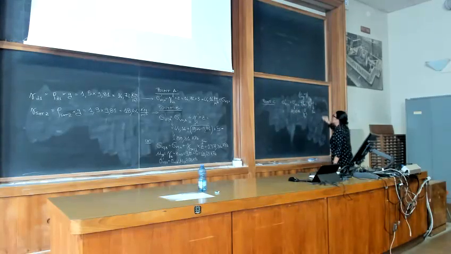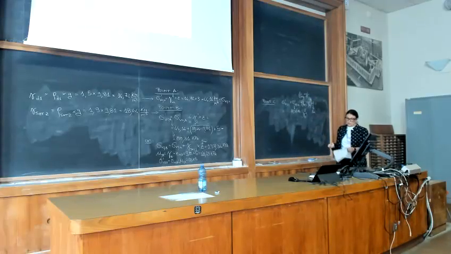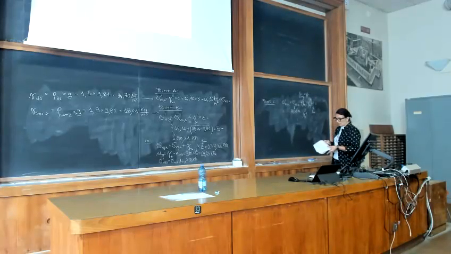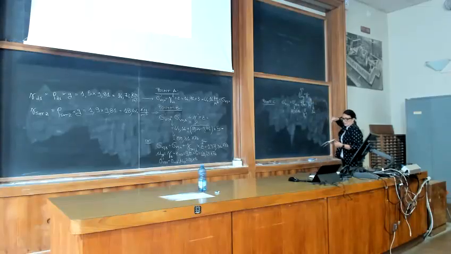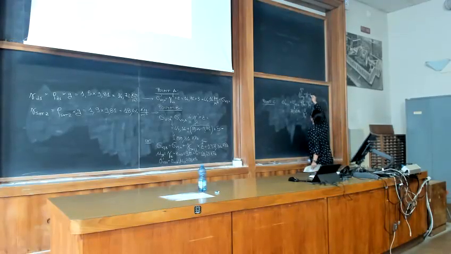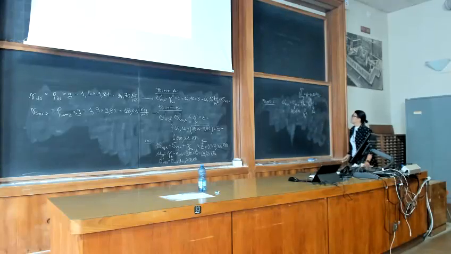And the saturated unit weight, if you perform the calculation using 1.95 here, you multiply by 9.81, you obtain 19.13. These are kilonewton per cubic meter.